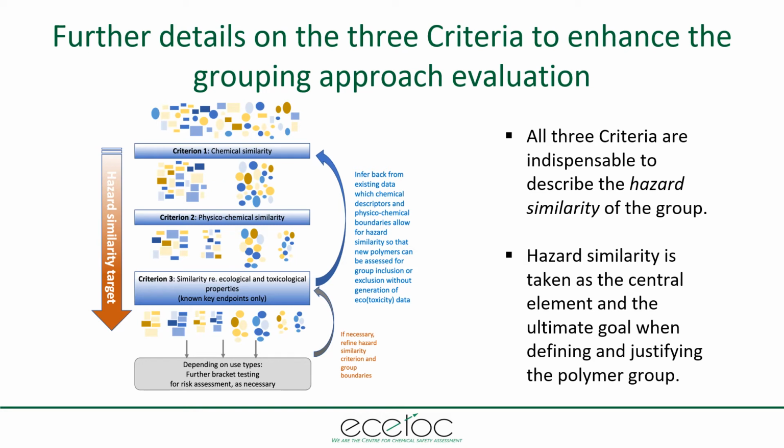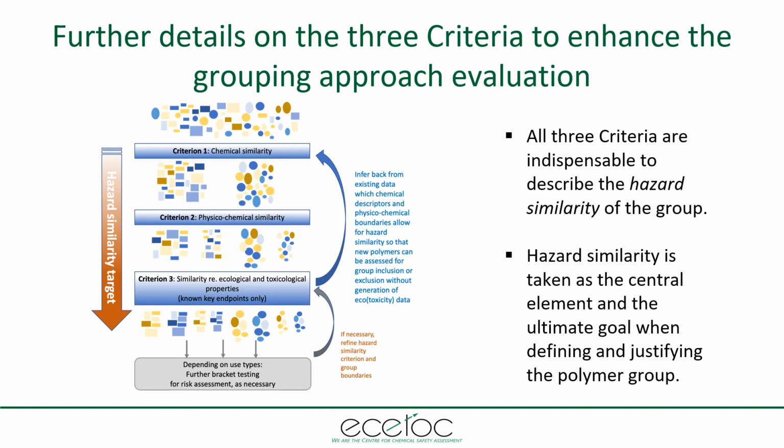Once done that, you go to phys-chem properties and see what you can sort out there and put these into buckets. And once you're done there, you finally group according to ecological and toxicological properties and the known key endpoints only. Overall, this brings you to the target of hazard similarity.